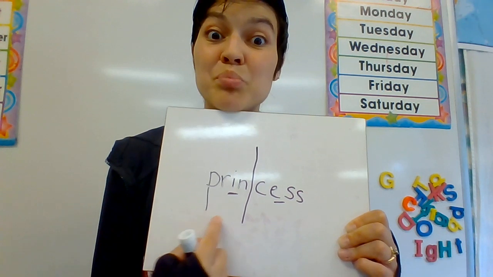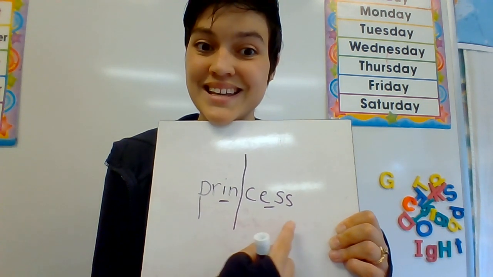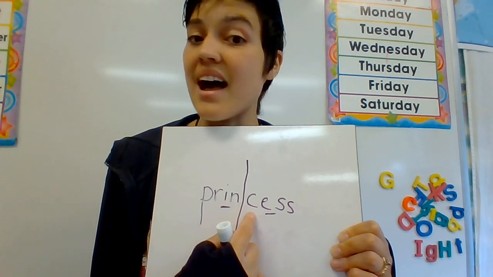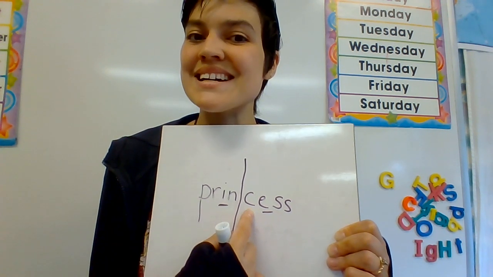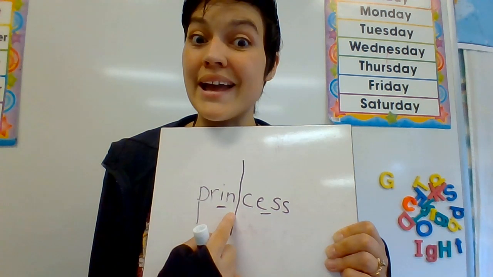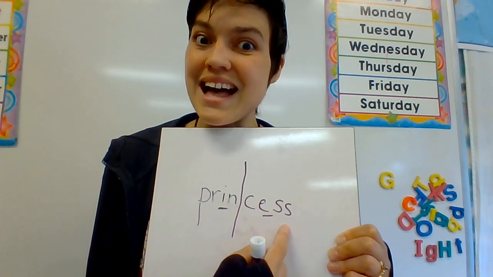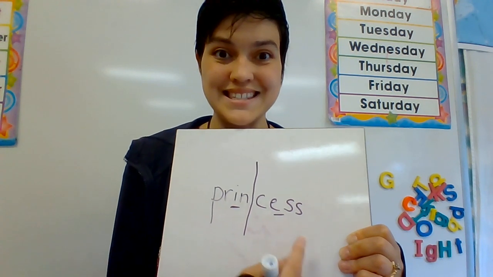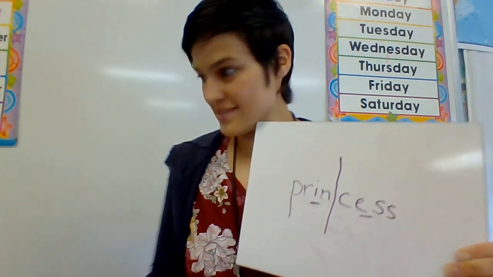Very good. Prin. And what is the second syllable? Remember, whenever there's an E, I, or Y after a C, it makes its S sound. So princess. Very good. Princess. Two syllables, princess. And two vowels. Do you see that?